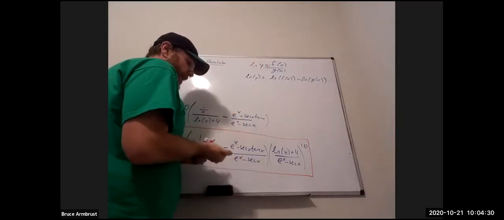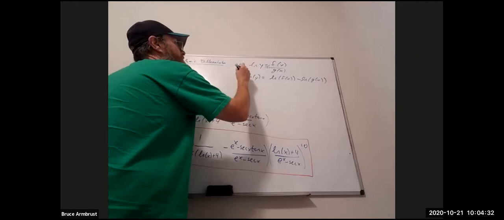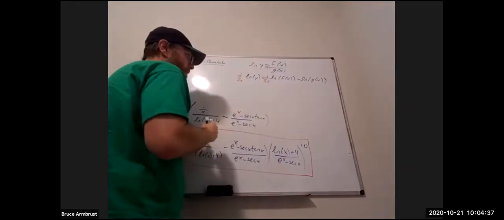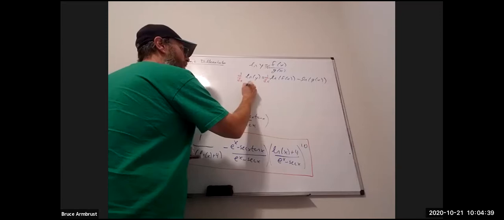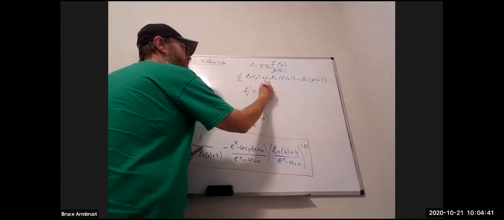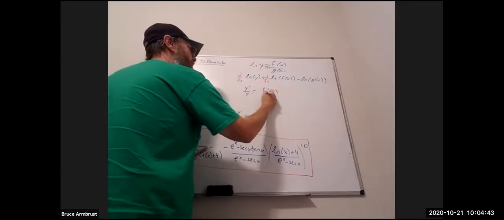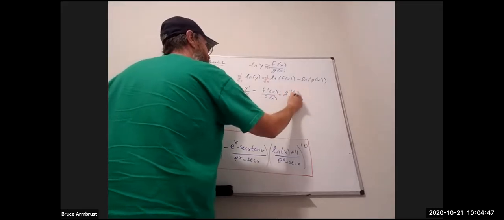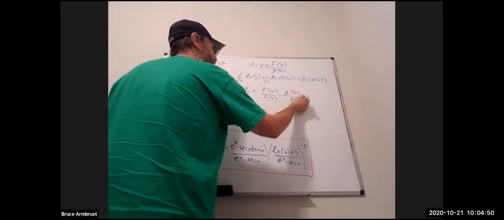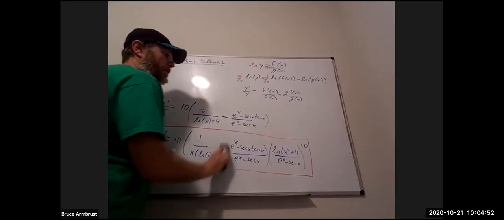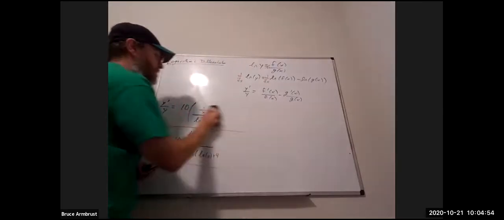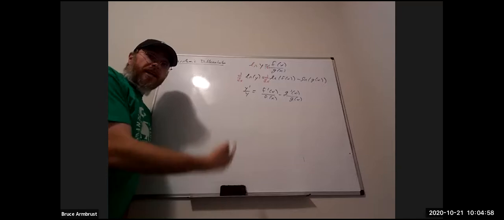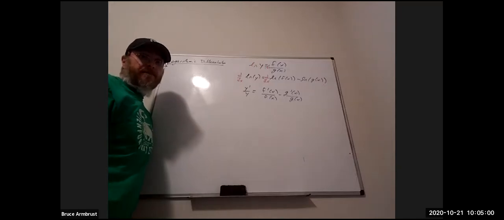Now if I differentiate, I'm going to get y prime over y equals f prime over f minus g prime over g, and check it out. You just differentiated.